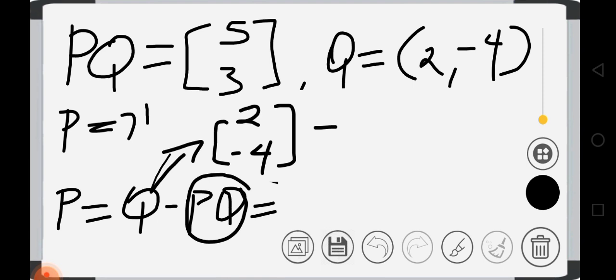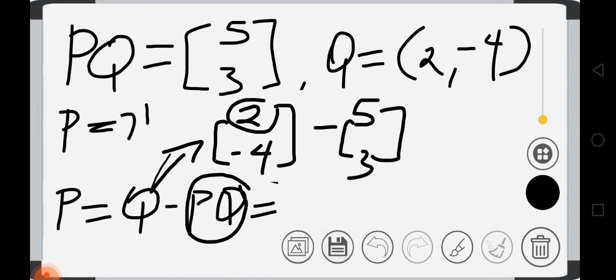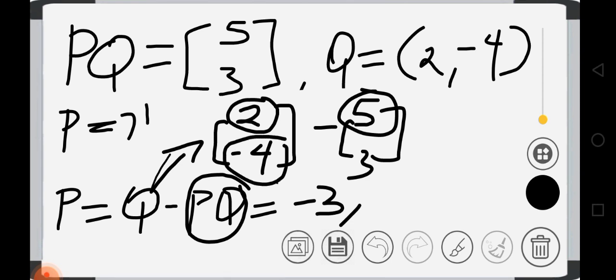Now where's PQ? 5, 3. So 2 minus 5, what is that? That's minus 3. Then minus 4 minus 3, that's minus 7. This way I'm going to have minus 3, minus 7. That is the answer to it.